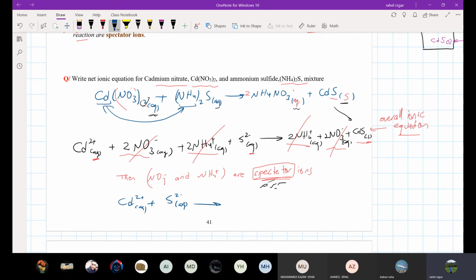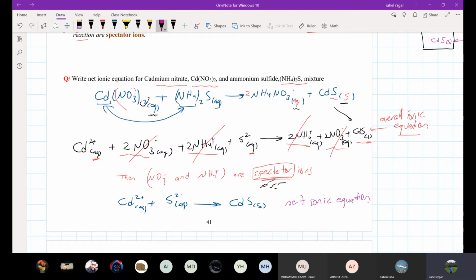Sulfide is left, and they have reacted together to form cadmium sulfide, but a solid, and we call this reaction the net ionic equation. Only the net is left. Net ionic equation.